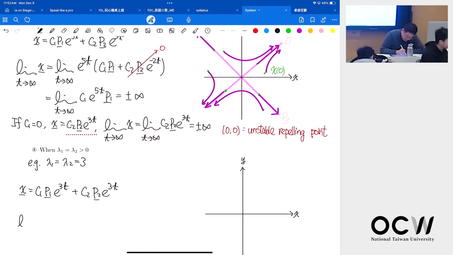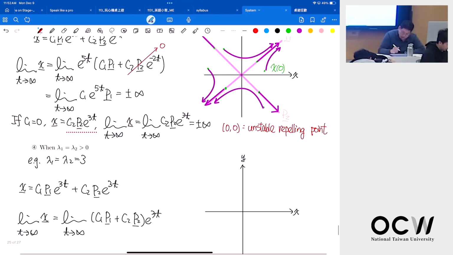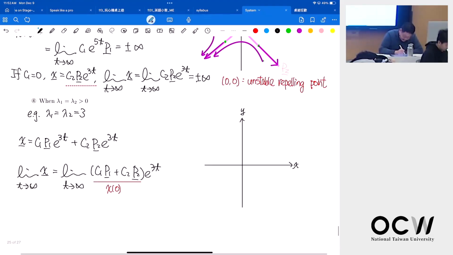When t goes to infinity, I have C1 P1 plus C2 P2 times e to the 3t. And again, this part is the initial value. So this becomes e to the 3t times the initial value. That will be infinity.